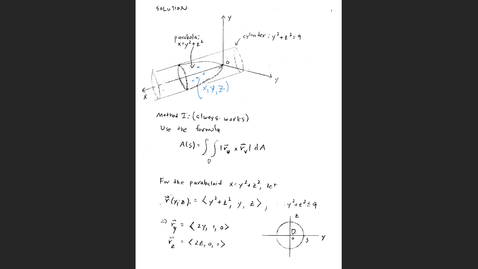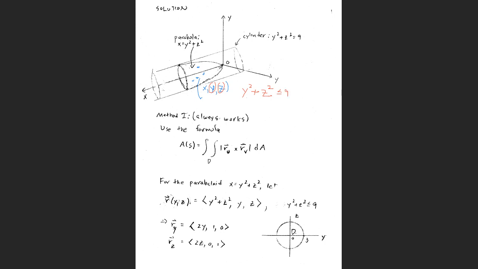But we are saying that there's a restriction on the parameters: Y squared plus Z squared has to be less than or equal to 9.